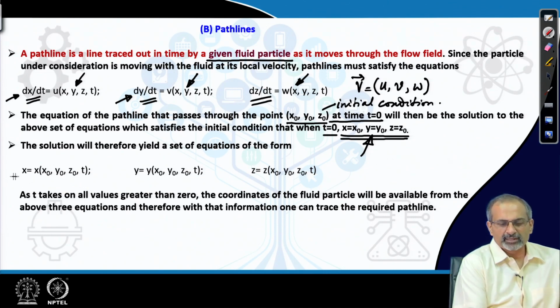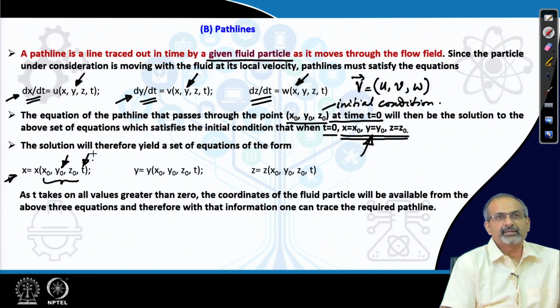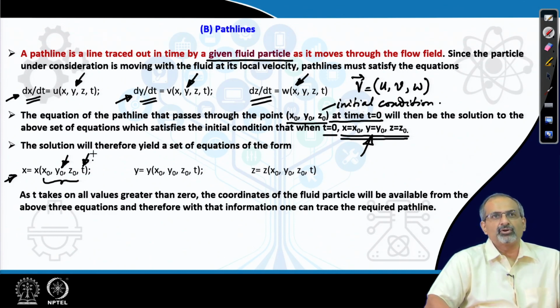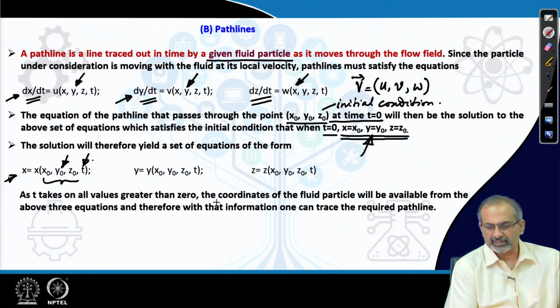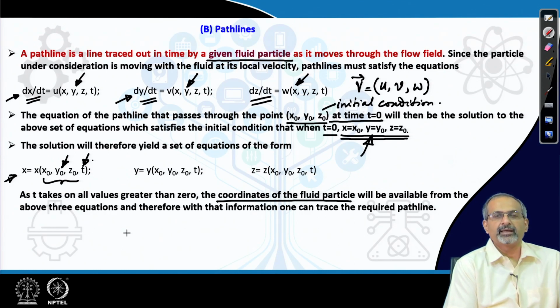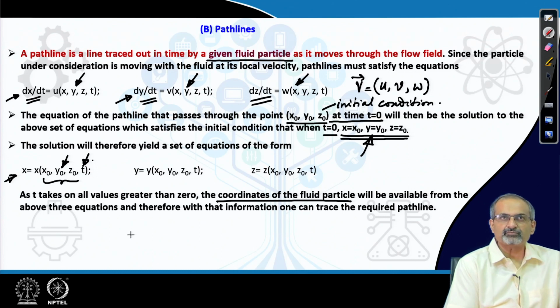Finally, the solution must be in this form, that x is a function of x naught, y naught, z naught and t. That means, it is a function of its original location as well as t. As the time t takes on all values greater than 0, the coordinates of the fluid particle will be available from the above three equations, and therefore, with that information one can trace the required path line.